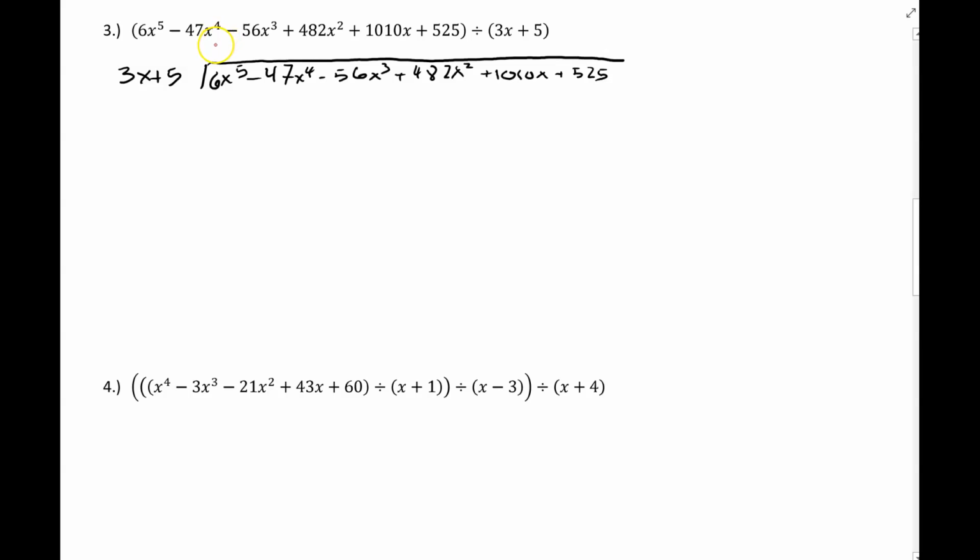So I need a 2, because 2 times 3 is going to give me 6. And then what power of x do I need? X to the 4th, because x to the 4th times x to the 1st is x to the 5th. So I multiply that to both terms in the divisor.